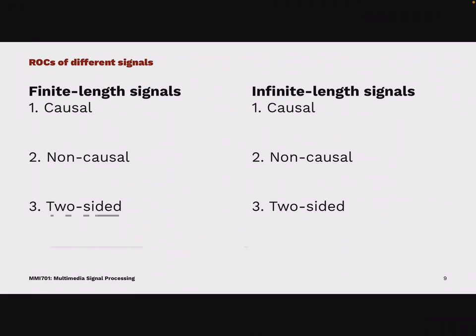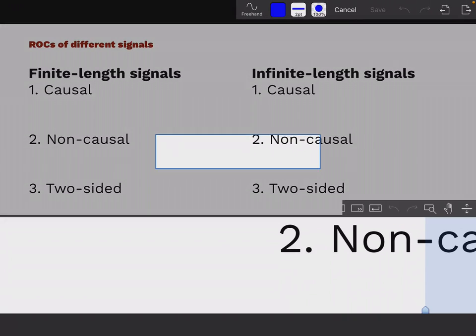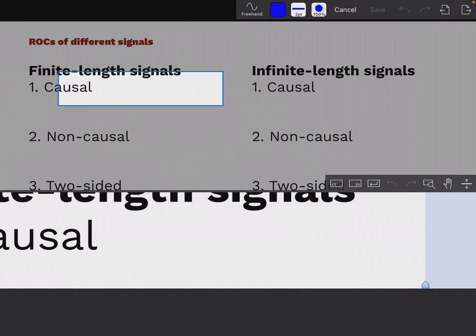so let's have a look at regions of convergence of different types of signals. As you know, we have finite length signals and infinite length signals. There may be different types of finite length signals and infinite length signals as well, depending on whether or not they're single-sided or two-sided. So let's consider the causal finite length signal then.